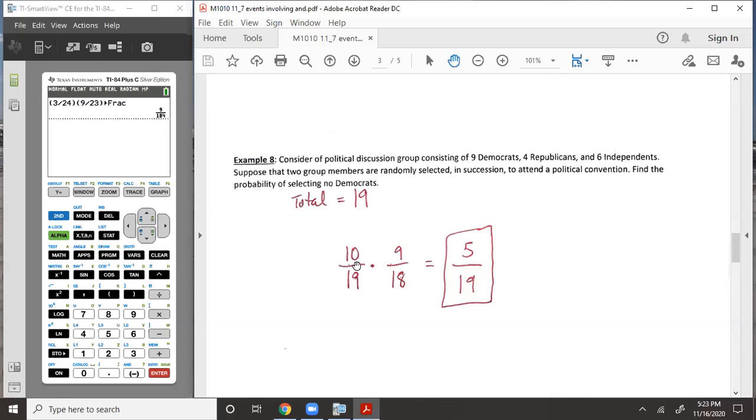Then once we've chosen one of those people, we now have 18 left to choose from total. And the question is, how many would not be Democrats? Again, out of this 10, since we already chose one of those, we have 9 left. So 10 out of 19 times 9 out of 18 is equal to 5 over 19.